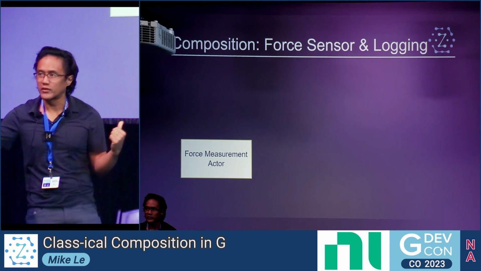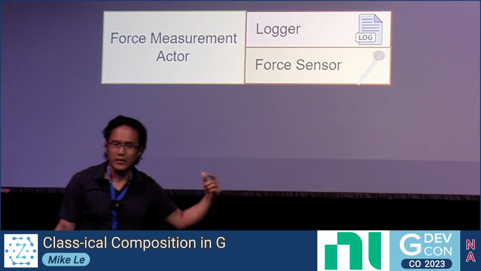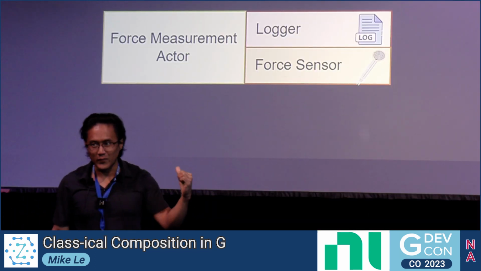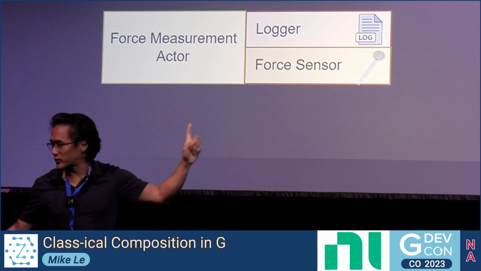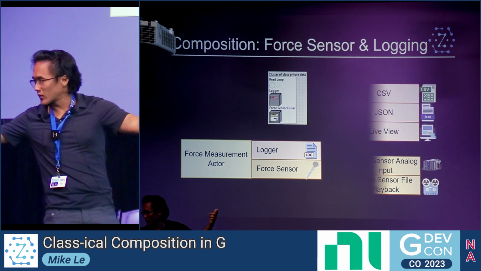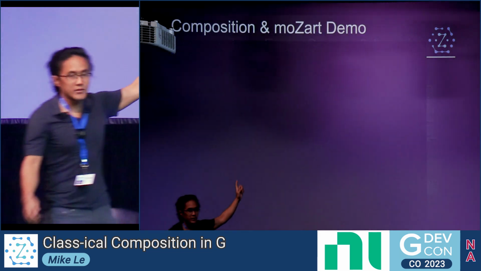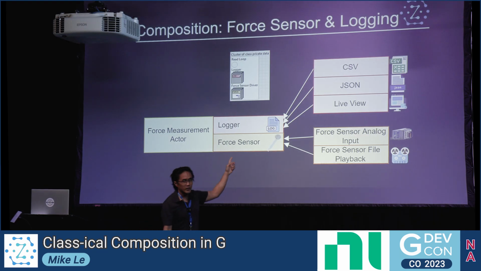So how can composition fix this? Well, what you can do is instead of inheriting from some logger base class, you can composite the logger into your force sensor. You can composite the driver. And now you have all these different plugins that you can pick and choose from dynamically, right?